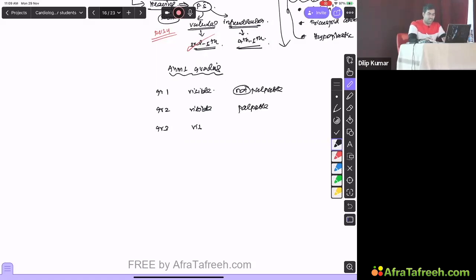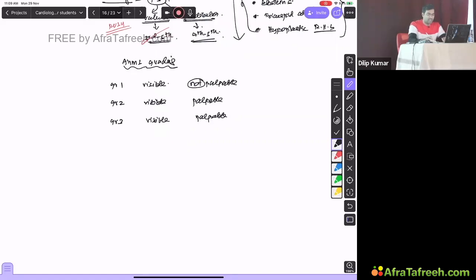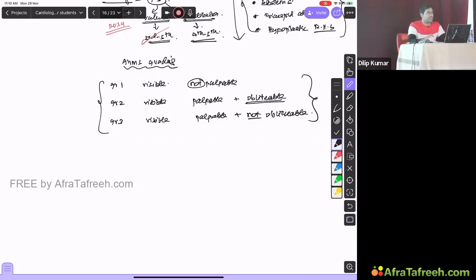Grade 3 is also visible and palpable. But what is the difference between grade 2 and grade 3? Grade 2 is obliterable, which means with your hand pressure, you can obliterate the pulsation. But in grade 3, it is not obliterable, which means you cannot obliterate the pulsations no matter what. It is not compressible by the counterforce that you give.